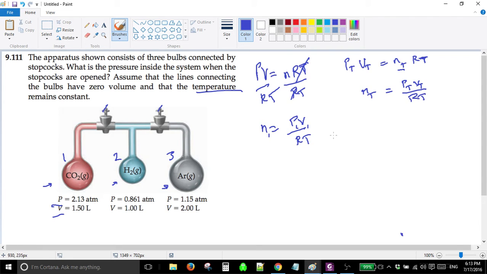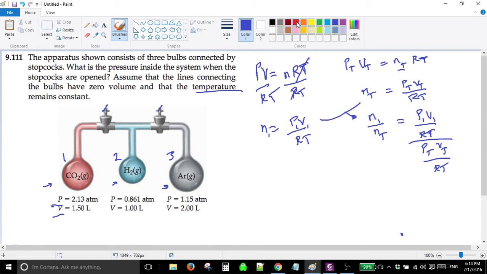Alright, so I have these two. Let me just combine them. So N1 for carbon dioxide over total moles is equal to, just substitute in here, P1 V1 over RT over, and now N total, so that stuff over there, P total V total over RT.